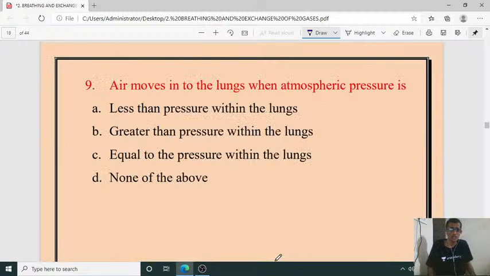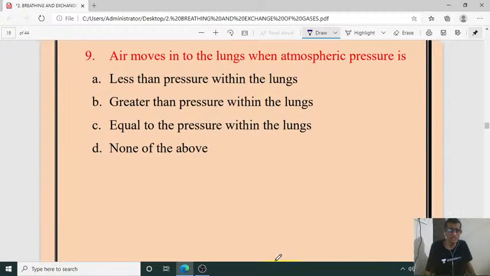Next question. Air moves into the lungs when atmospheric pressure is what? Less than the pressure within the lungs, greater than the pressure within the lungs, equal to the pressure within the lungs, none of the above.